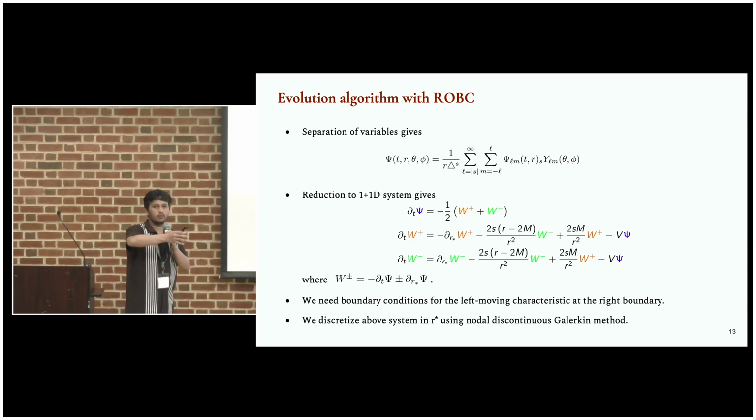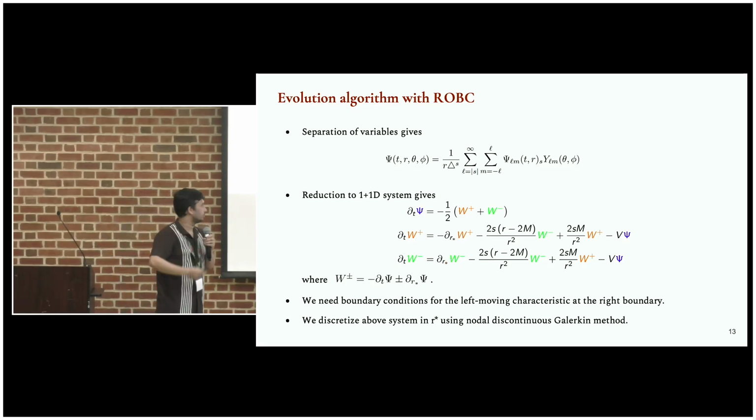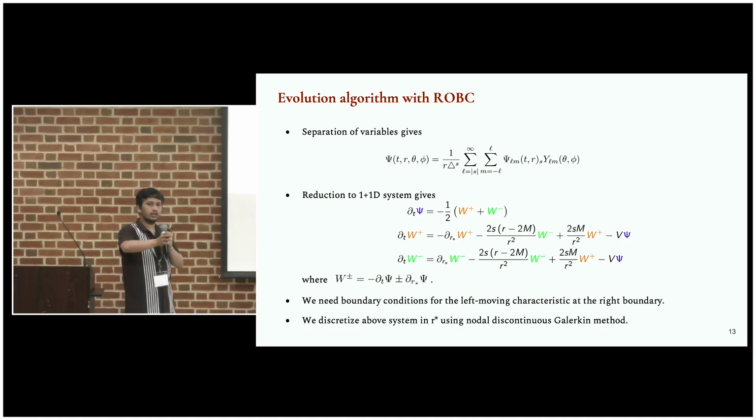The right boundary is, let's say, some r equals 100 or 500. We want the characteristic that is moving inside the domain there. Whatever lives outside can be left untouched, essentially. We discretize the system in tortoise coordinates, that is r star here, using our DG method.